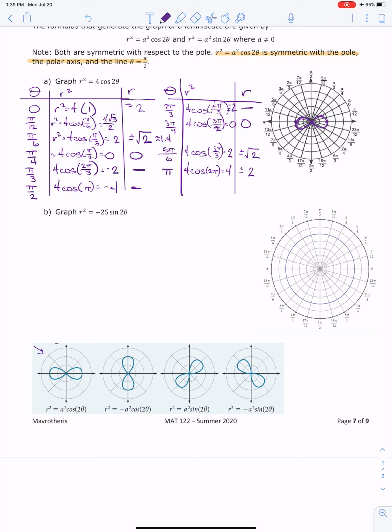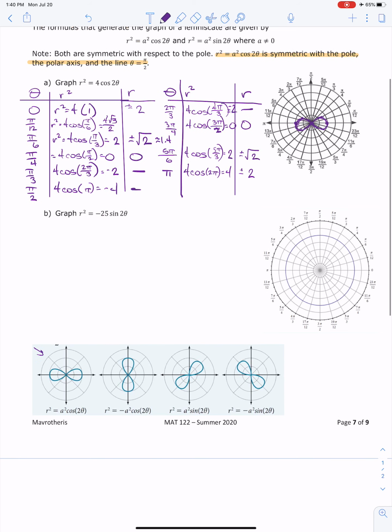So let's see if we can graph B real quick. R squared equals negative 25 sine 2 theta. And yeah, that looks like fun. So let's see what we can do here. Again, really important to be able to keep track of everything that you are plugging in, because it is really easy on these to get confused, get things out of order.